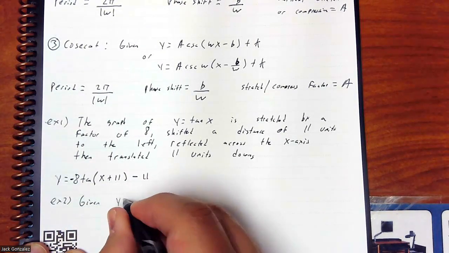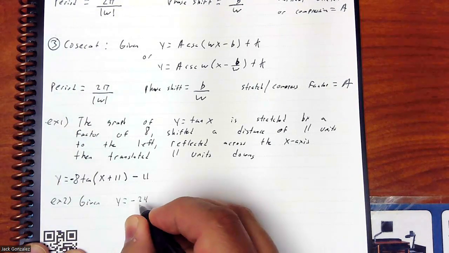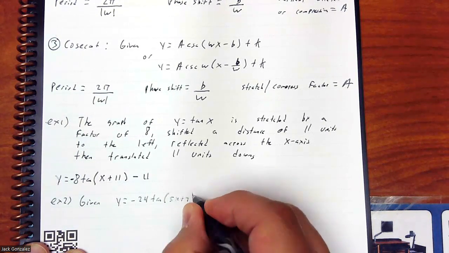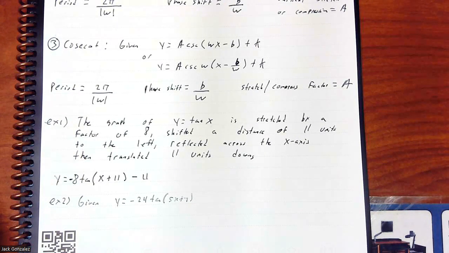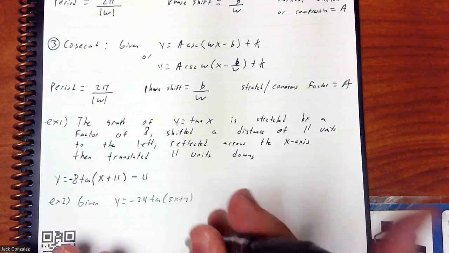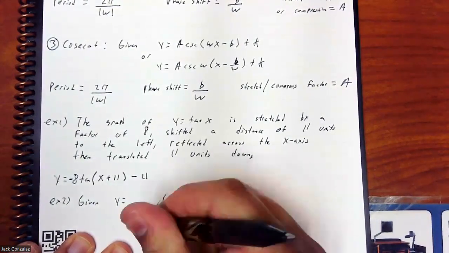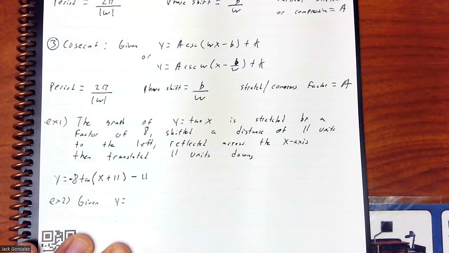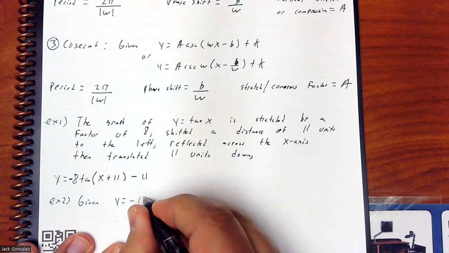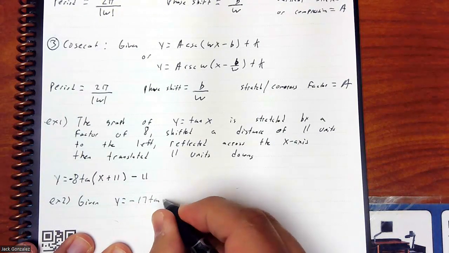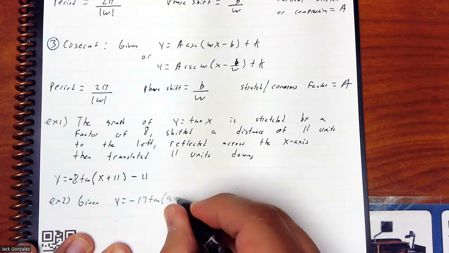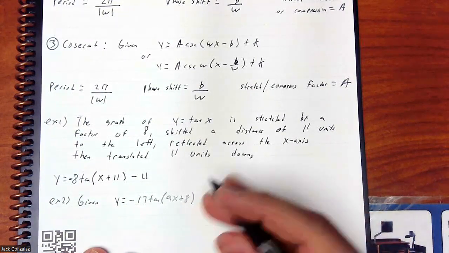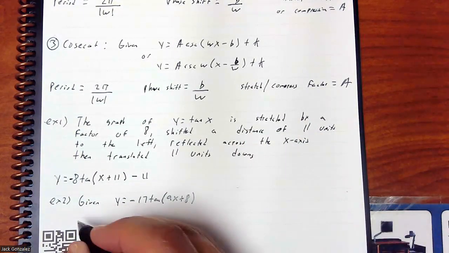Given y equal to -24 tangent of 5x plus 7. Well, actually, you know what? Let me use it different. Sorry. Let's use -17 tangent of 9x plus 8. What is your period?